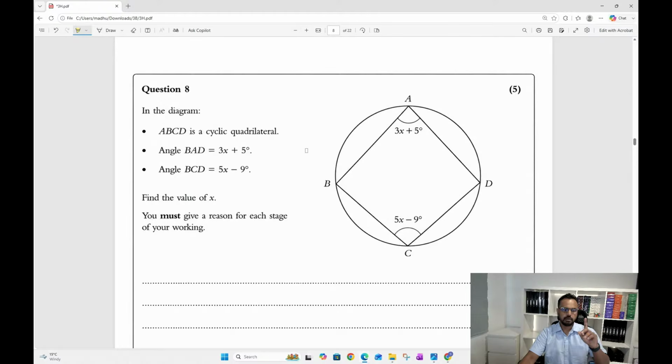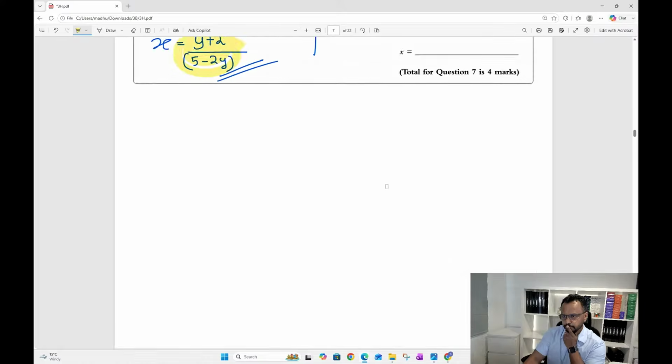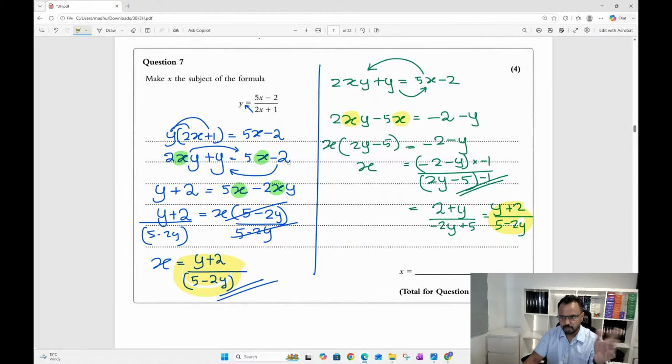I forgot to tell one thing. When I was doing this first time, I did the blue one. I looked at this, and I was thinking, should I move x this way or y that way? I figured out if I move the negative 2 to this side, it'll give me y add 2.